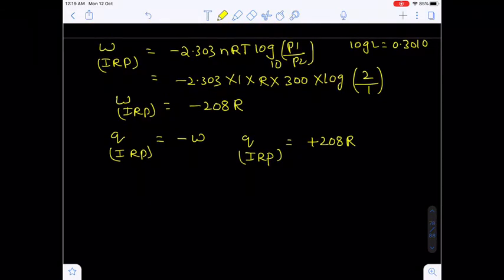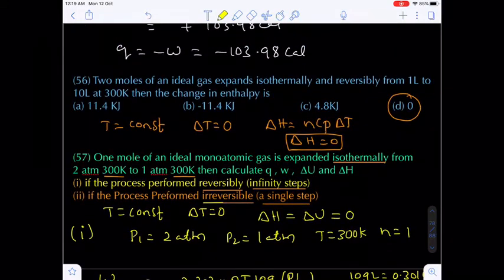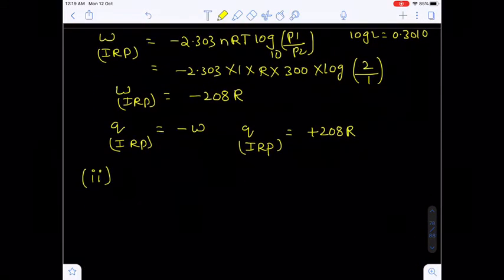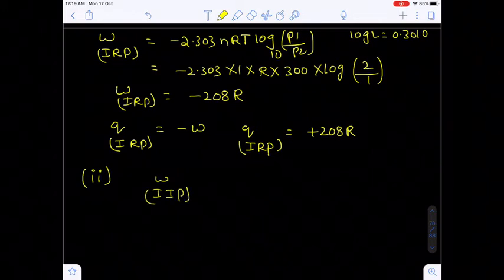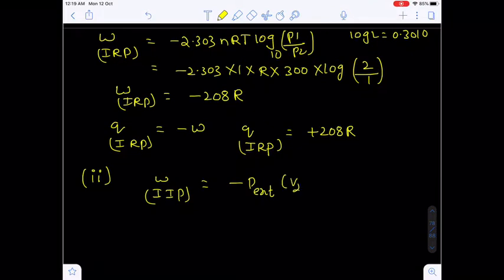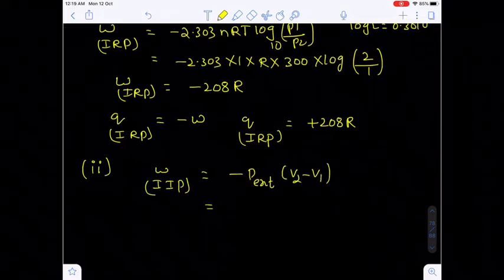Okay, now come to the second process. What is the second process here? Irreversible process. Now in the isothermal irreversible process, the work done is equal to minus P external into change in volume.